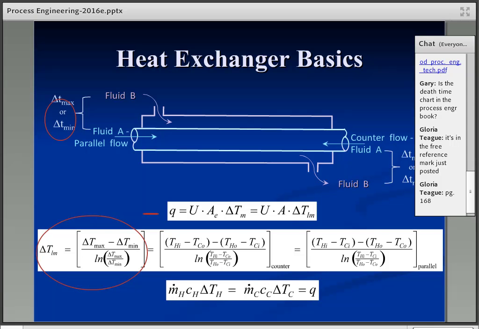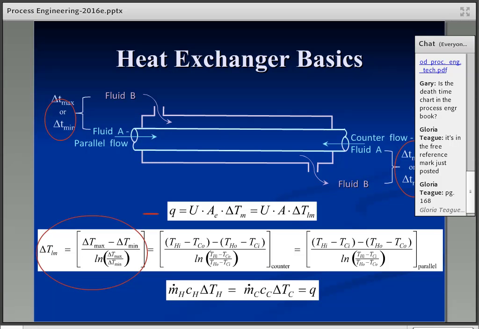And on the right-hand side, there's also a delta T. And if one's max, the other is going to be min. So in any given problem, you do a process drawing like this and evaluate the temperature difference between the two fluids on one side of the exchanger and the temperature difference on the other. Just as a note, that's the temperature difference between the two fluids.